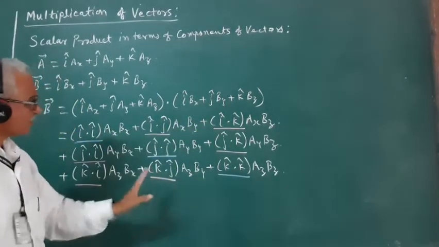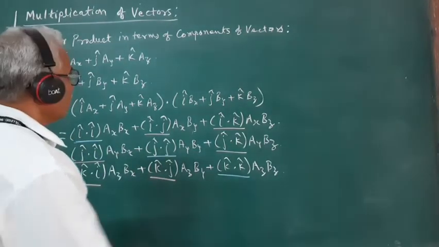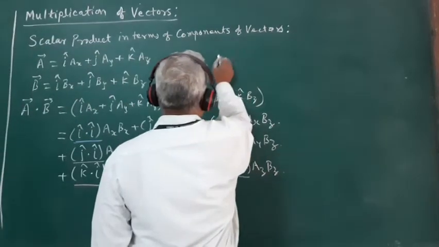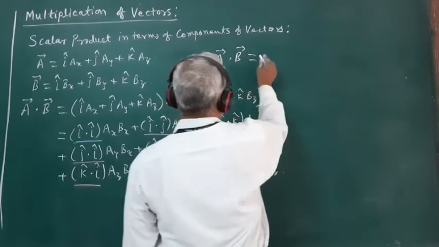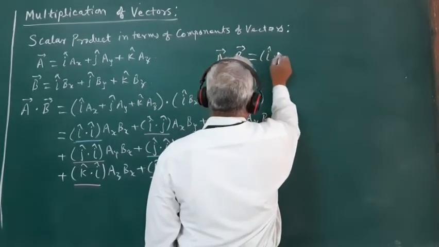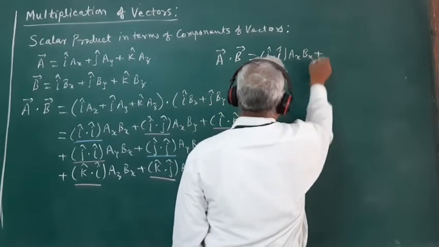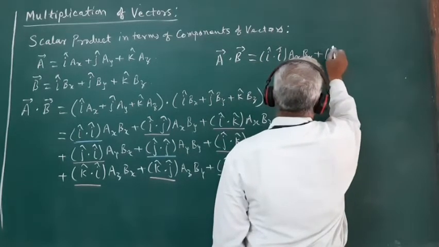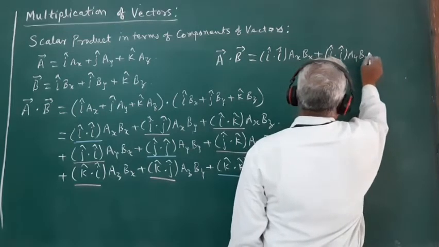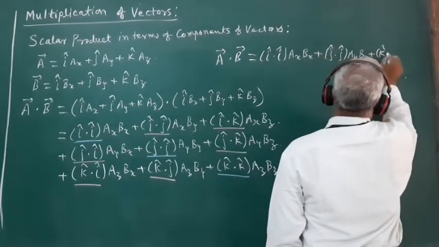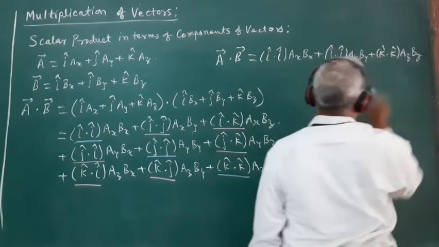So all these terms will vanish, and the terms that will remain are, a bar dot b bar will be equal to i dot i ax bx plus j dot j ay by plus k dot k az bz.